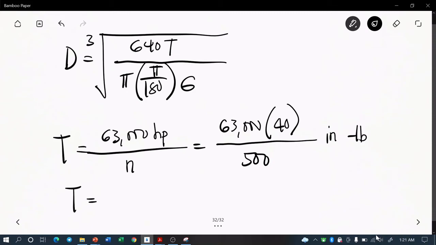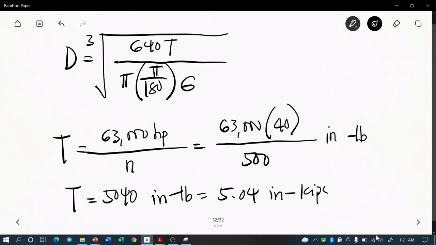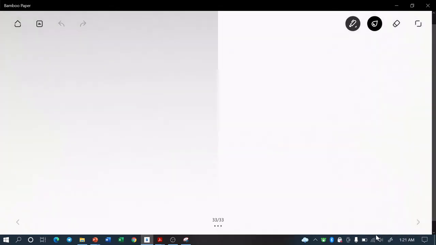Kindly verify using your calculator, it is 5040 inch-pound, or in inch-kips, this is 5.04 inch-kips.